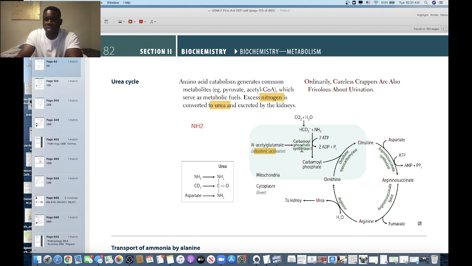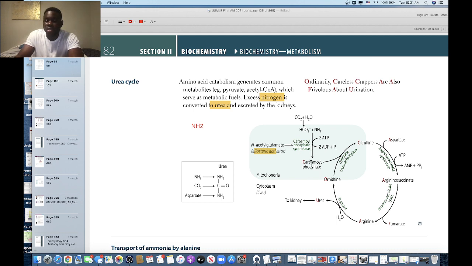The 2 is found in the cytosol, but the 1 is found in the mitochondria. So 2 for cytosol. Now we use ATP in this process. So ammonia plus carbon dioxide forms carbamyl phosphate using carbamyl phosphate synthase 1.